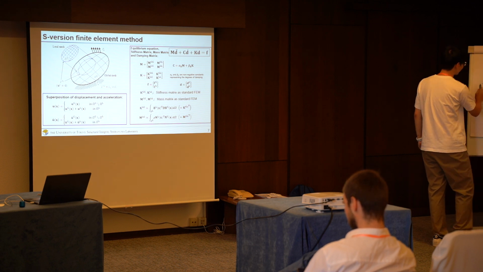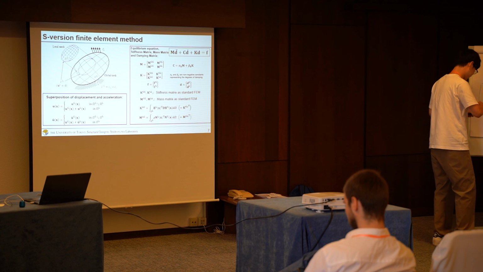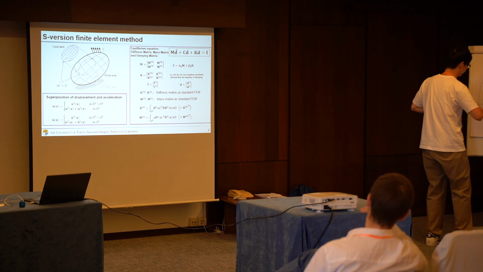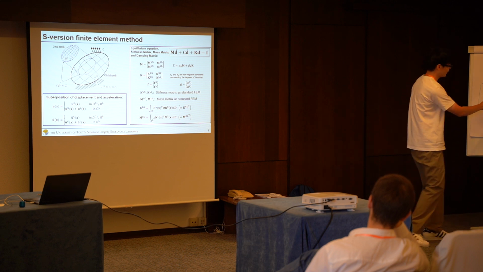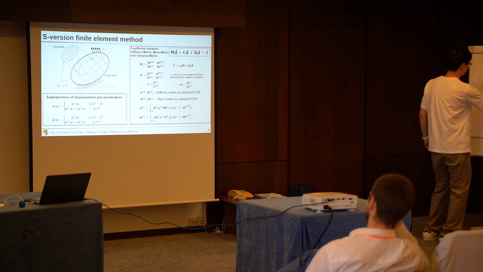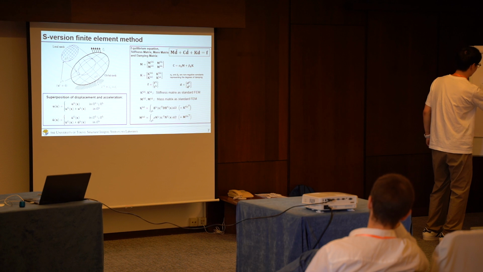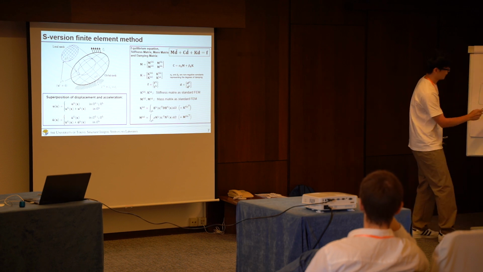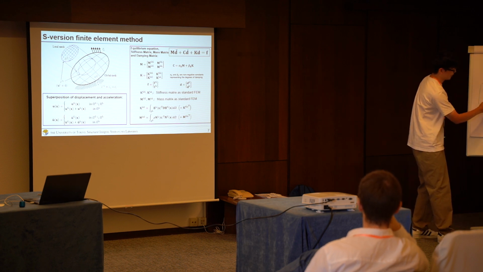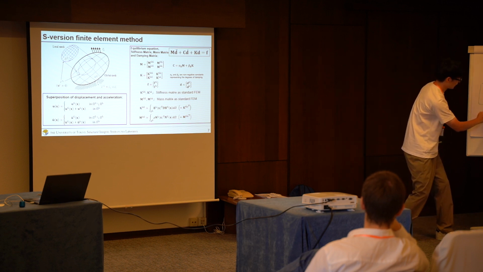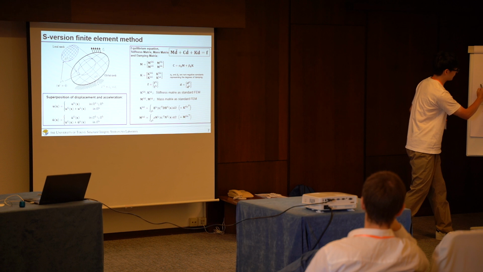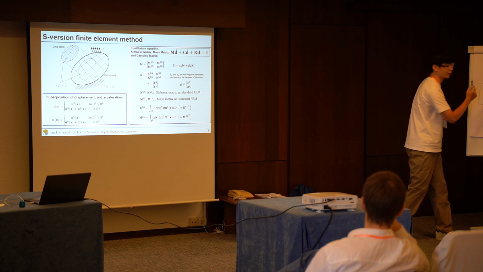For example, this is the global mesh, in a different color, and this is the local mesh. First we find out the position in this coordinate, and we use the shape function, because all the values at the nodes have already been known.